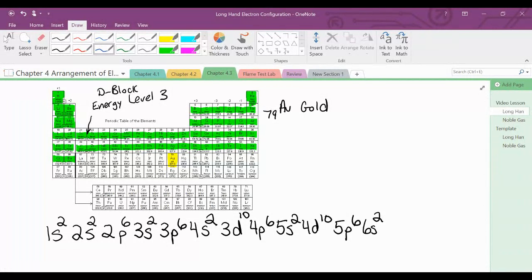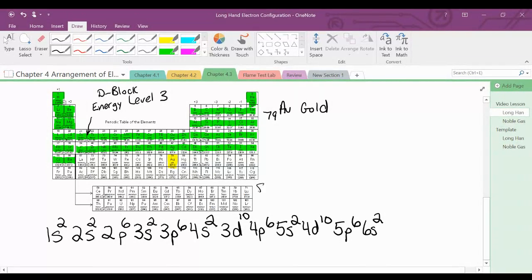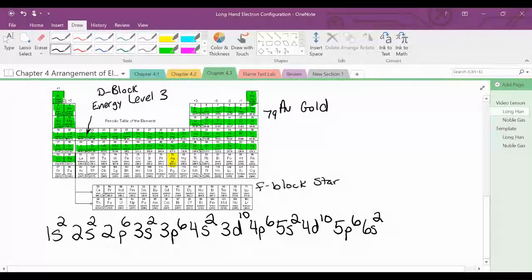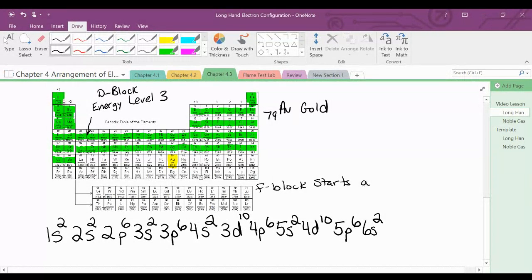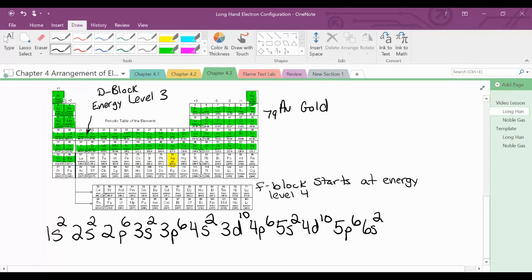So it goes 6s, and then we go down to 4f. The F block starts at energy level 4, and it comes in after 6s.